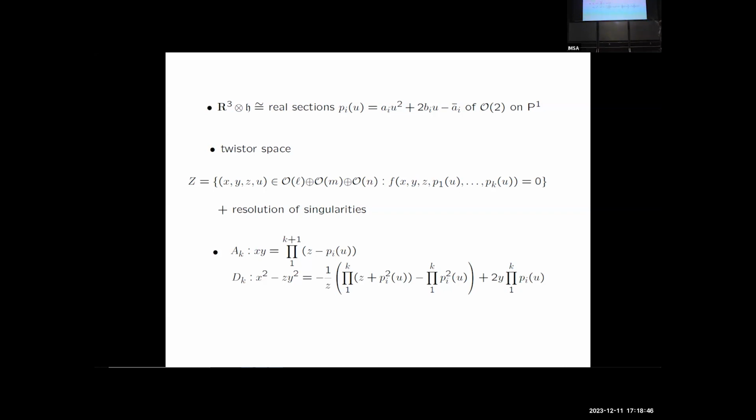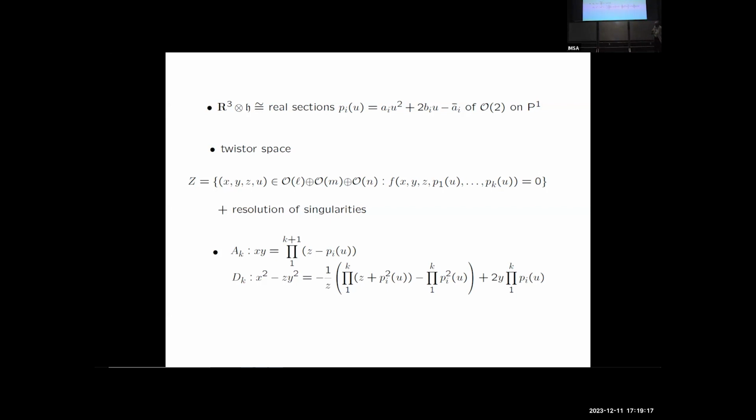So we have now the twistor space, which is described by x, y, z and u. These are the points inside this rank 3 bundle over P^1 which satisfy this equation here. Of course, there are singularities when two of these pi's have the same value at a point, and you have to resolve those.